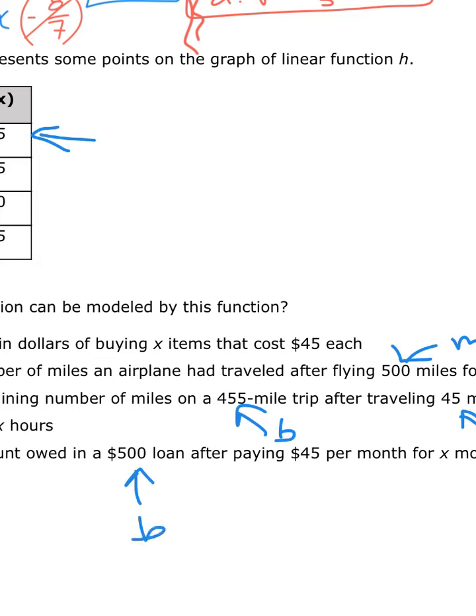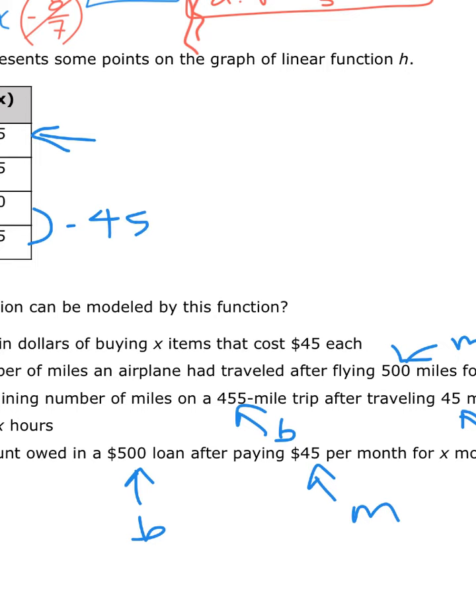All right, finally, the amount owed on a $500 loan. So again, my b. So we begin with $500 in debt, after paying $45 a month for x months. That sounds right? Yeah. So let's see. Here, if I add 230 to 185 is, 45, right?